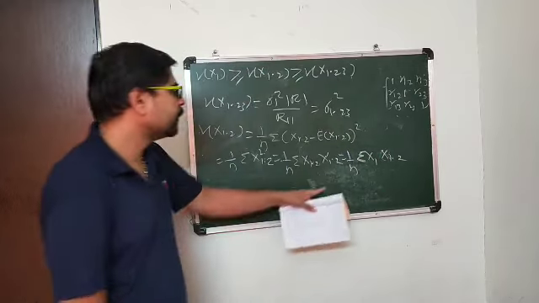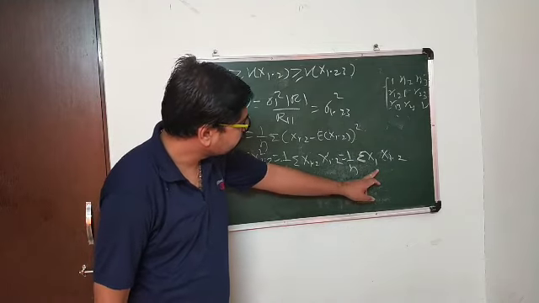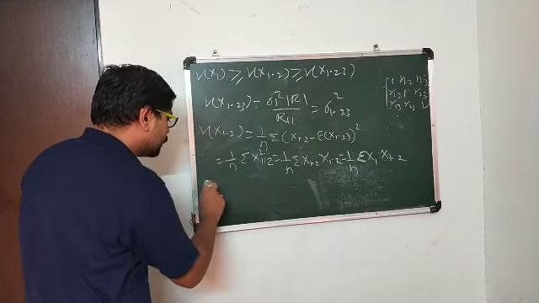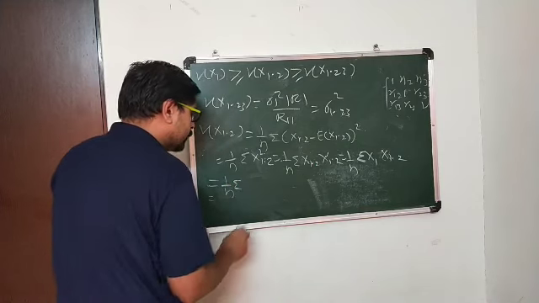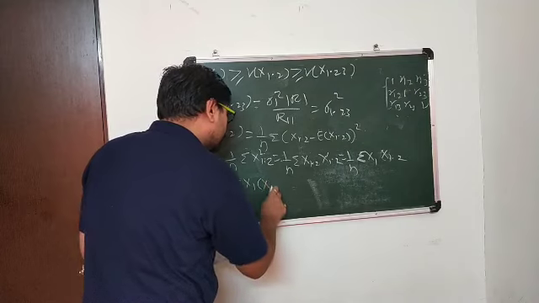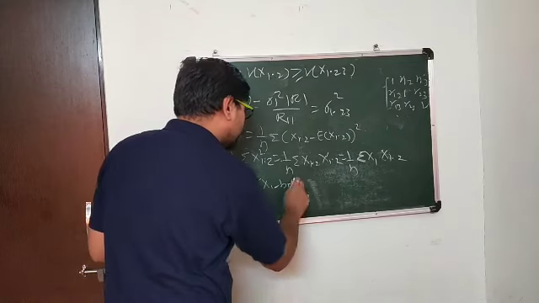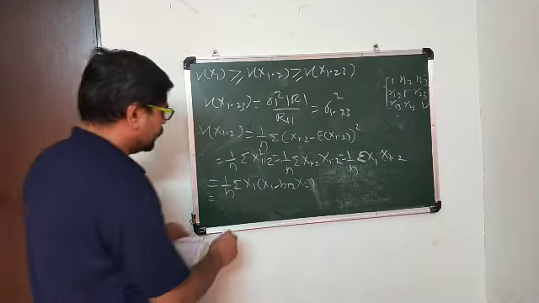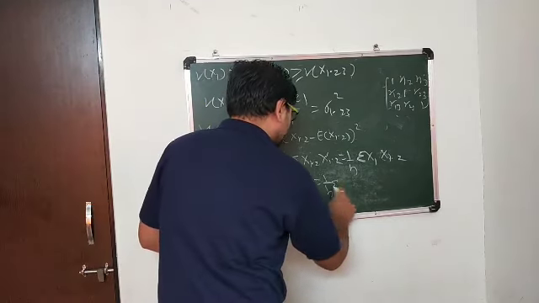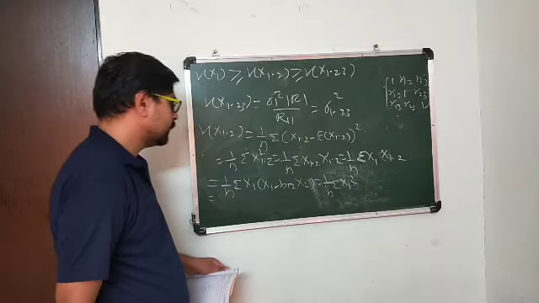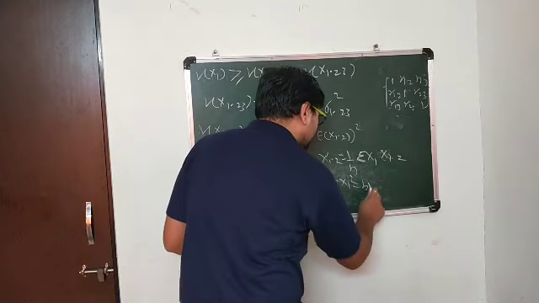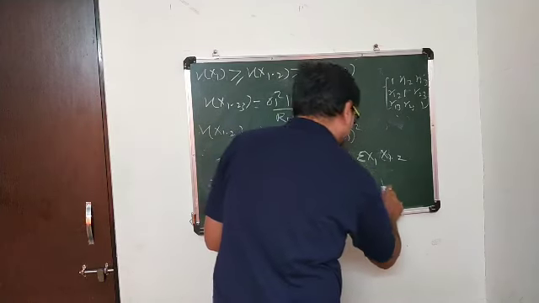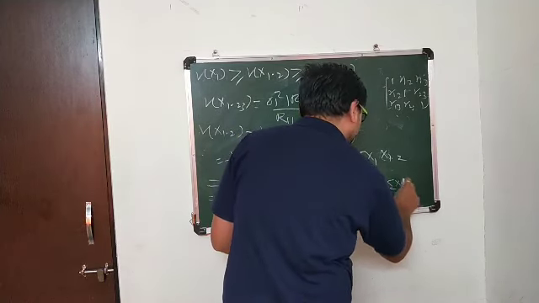By using the property of residual, we can write x1.2 as x1 minus b12 into x2. So 1 upon n summation x1.2 is x1 minus b12 into x2, which is equal to 1 upon n summation x1 square minus b12, taken outside since it is a constant, 1 upon n summation x1 x2.